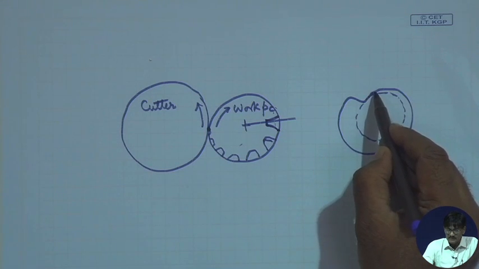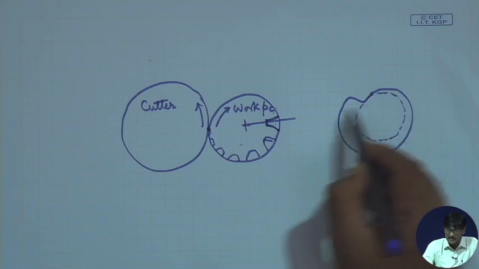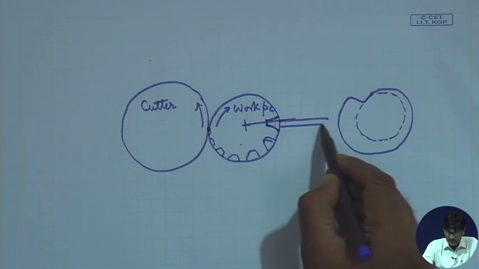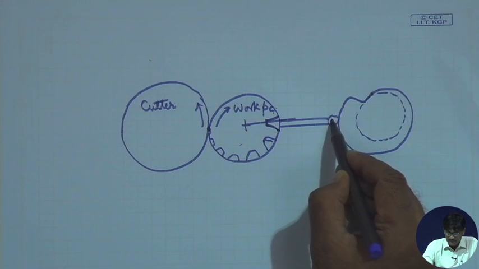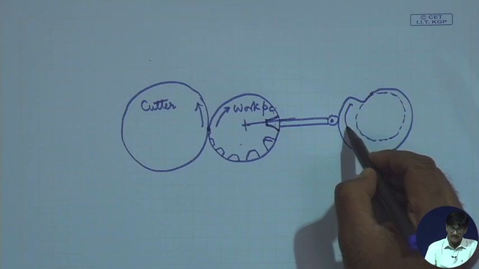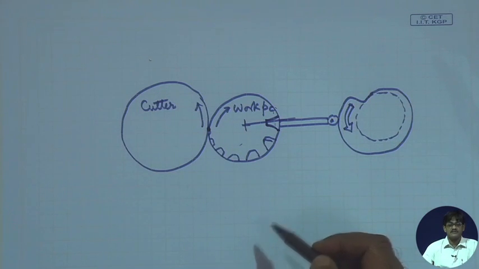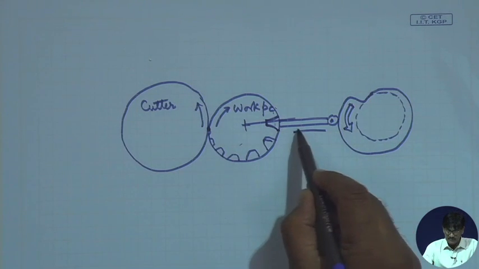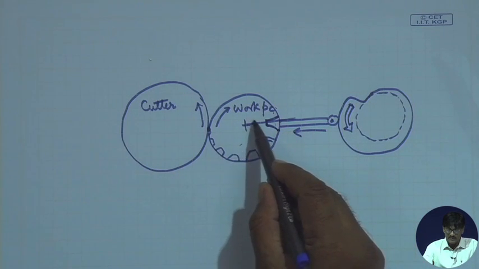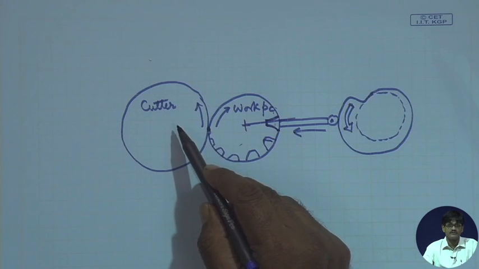From this circle, as this particular profile is deviating, it means that if there is a push rod, as this is rotating this way, it will push this rod towards the cutter, and if the workpiece is somehow attached to it, it will start moving this way in addition to its rotation.